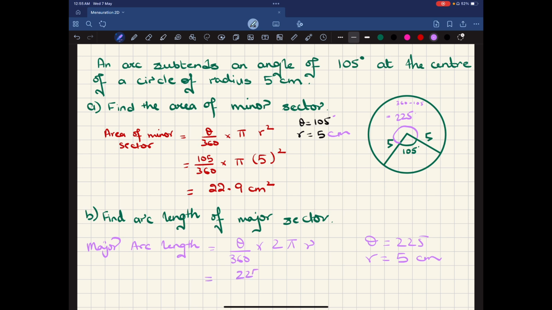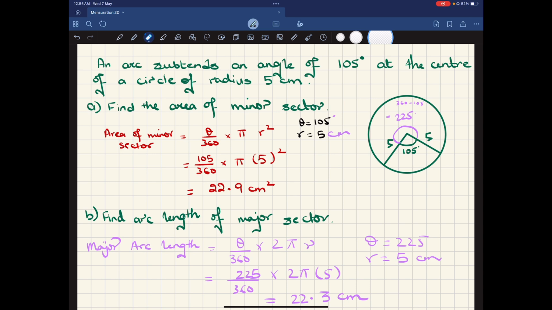So 225 over 360 into 2 pi r, where r is 5, is going to give you 22.3 centimeters. Okay, so I hope that this is clear and there is no confusion in which angle you're going to choose when you're calculating arc lengths or areas of sectors.